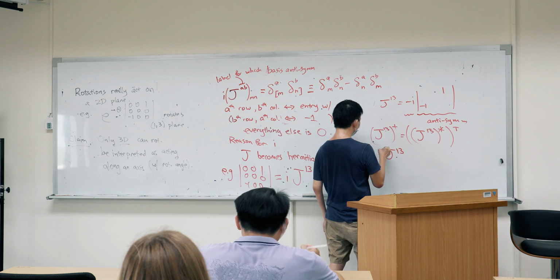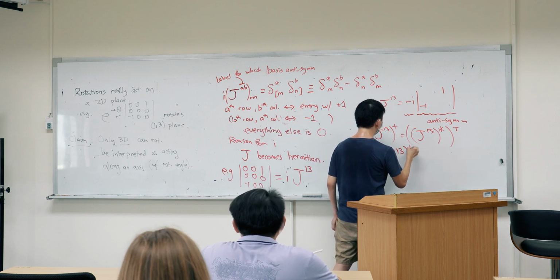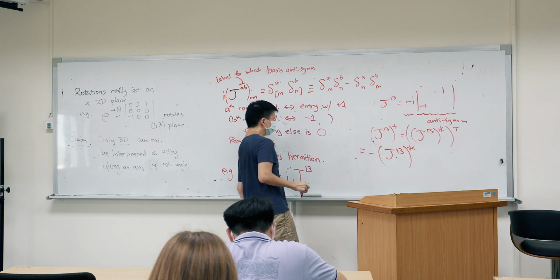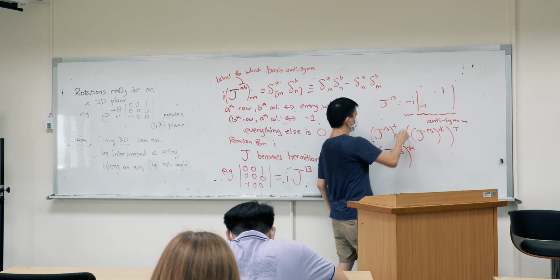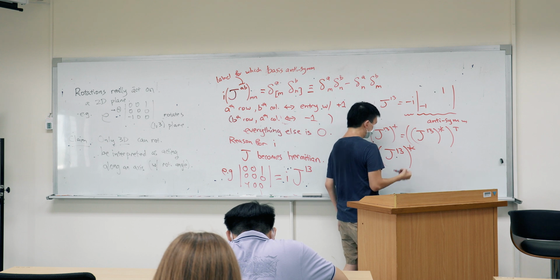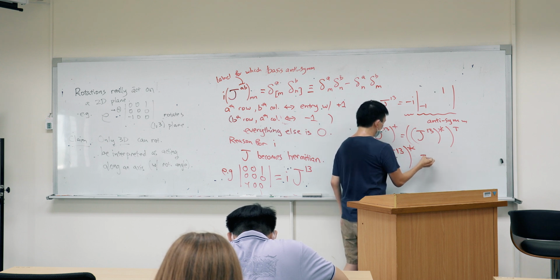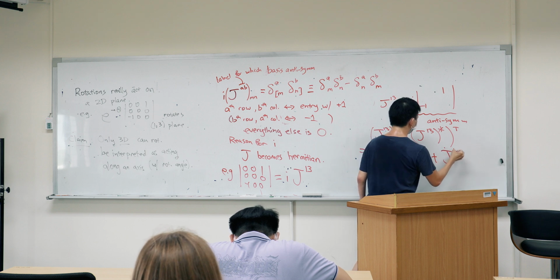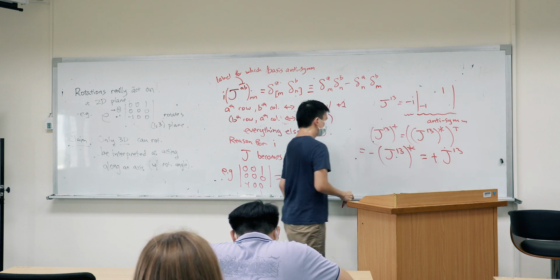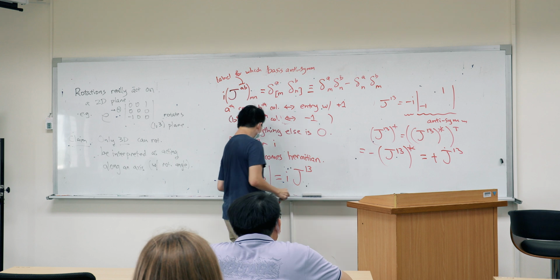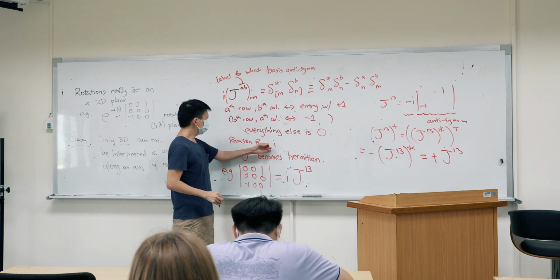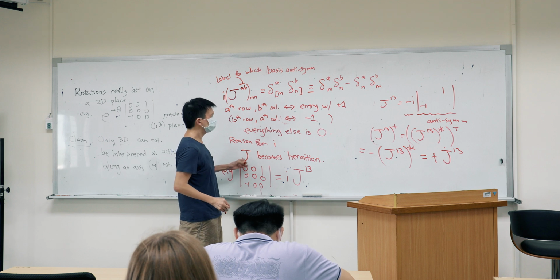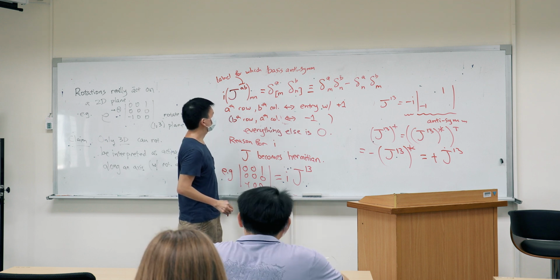The transpose gives you a minus sign because the matrix is antisymmetric. But when I take the complex conjugate, now with the minus i, it will give you an extra minus sign, so it will cancel the first minus sign that I get. Which means that the inclusion of i really does give you a J that is Hermitian.